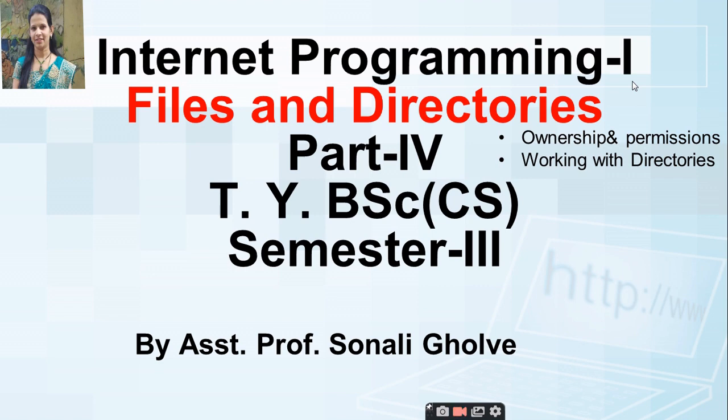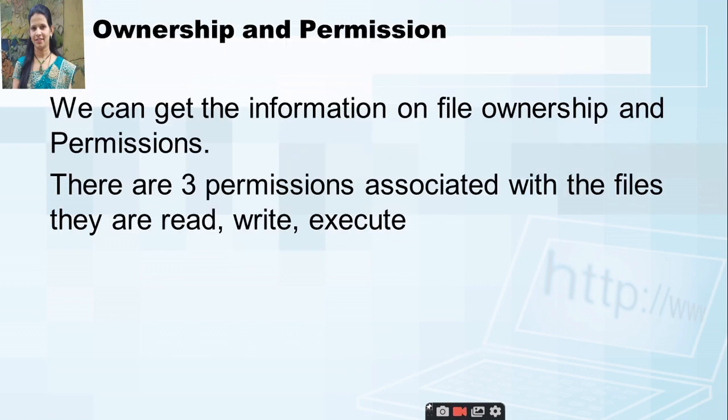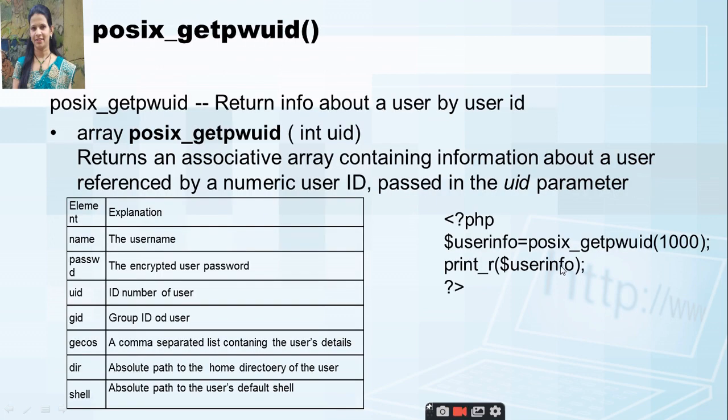So we will see the functions one by one for ownership and permission. The first function for this is the posix_getpwuid function.